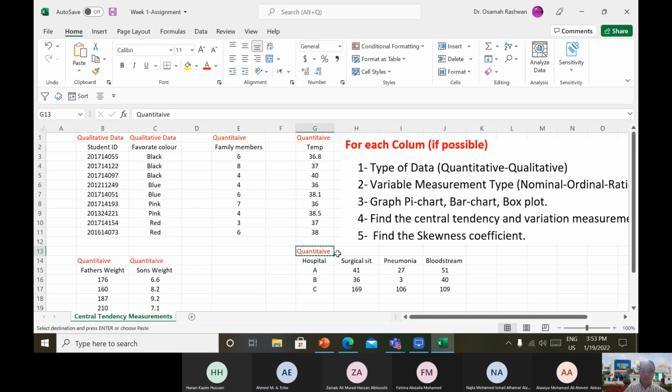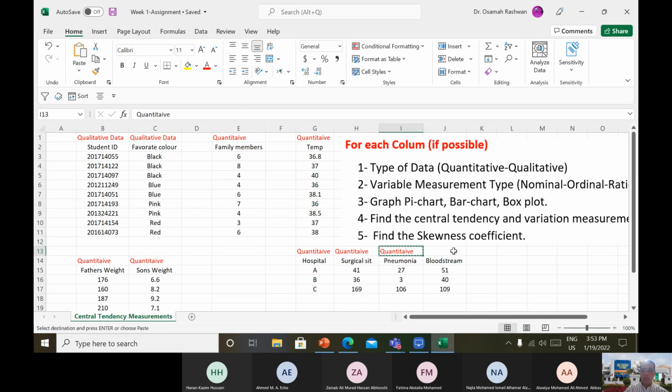Excellent. Now, have you heard about pneumonia? This is a kind of infection, right? So any number of anything gives you quantitative also. Bloodstream infections, this is also a number of infections, so it is also quantitative.